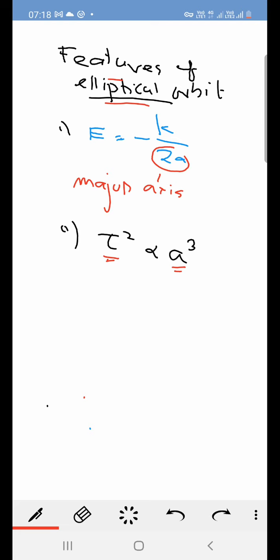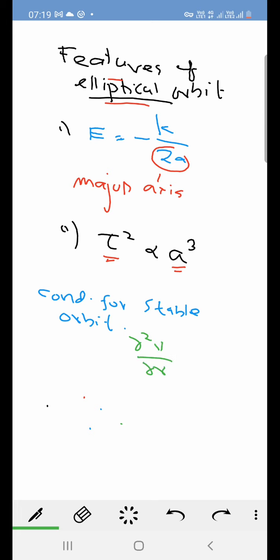Now, the condition for a stable orbit is when del square V by del R square at a particular point R is equal to R0 is greater than 0.